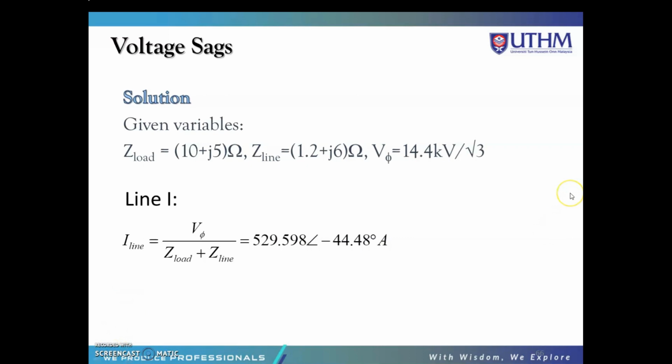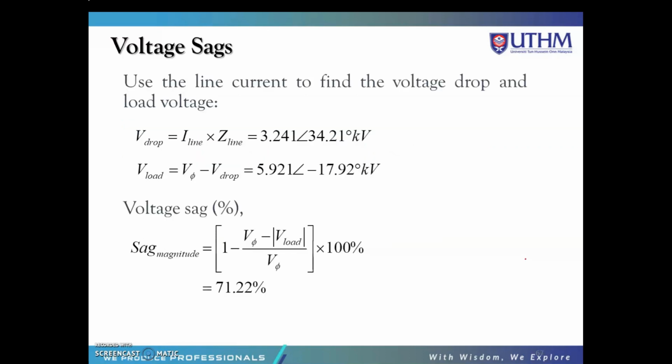Then we calculate the line current. The line current is V phase over Z load plus Z line, so you get 529.598 at an angle of negative 44.48 degrees amperes. Then you use this line current to find the voltage drop and load voltage.